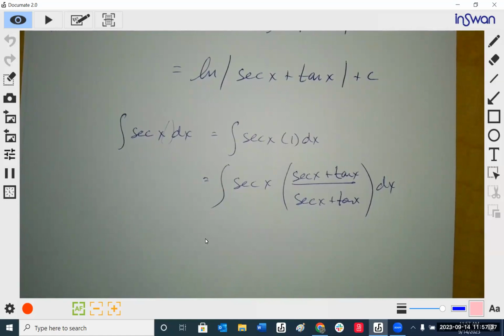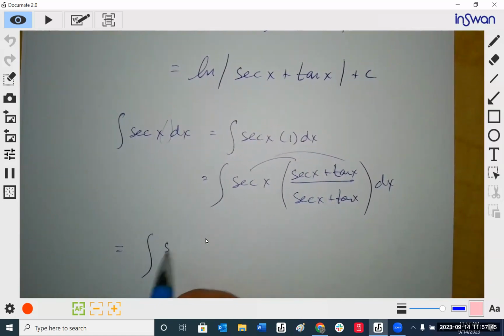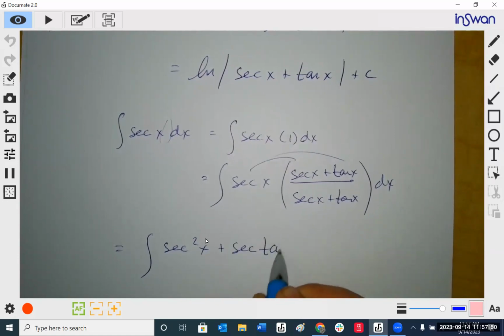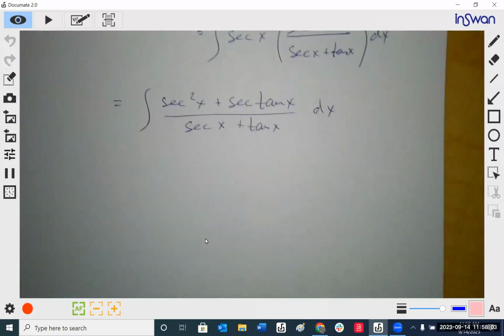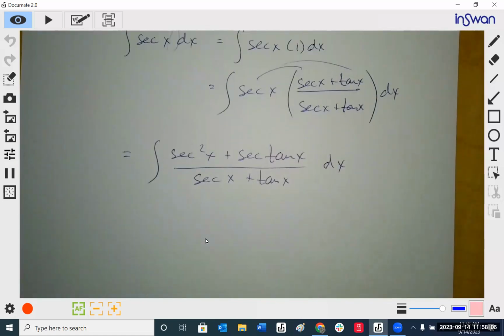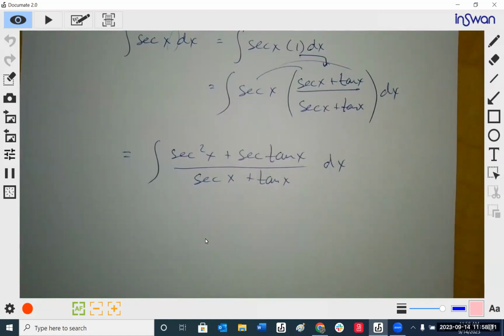Again, those are identities. Distribute through there, we get the integral of secant squared x plus secant x tangent x over secant x plus tangent x. It's just this step right here, because secant and tangent are on the same identity line.